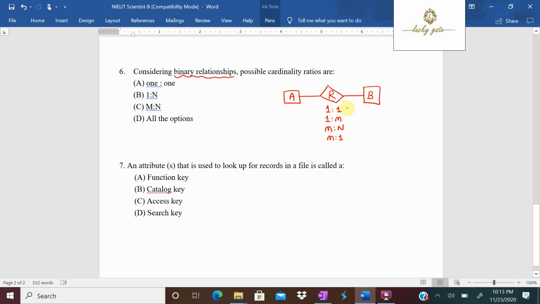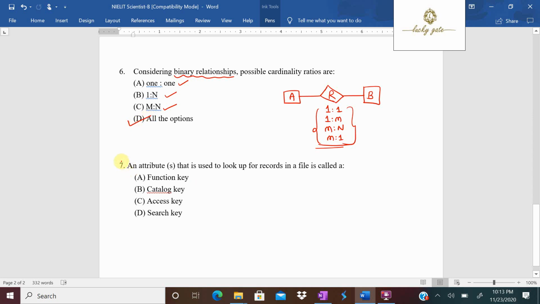Means all cardinalities are possible. Option A gives 1 to 1, 1 to many, many to many, and even many to 1 is also possible, but anyhow it is not given in the options. All these are the 4 cardinalities possible in a binary relationship. So the answer for this question is option D.